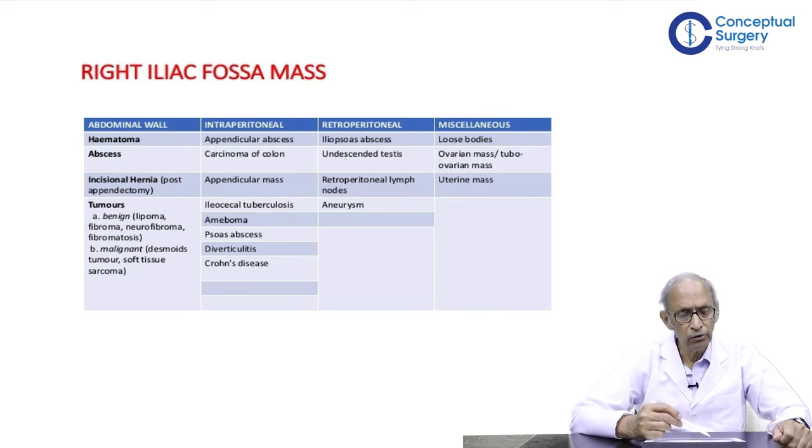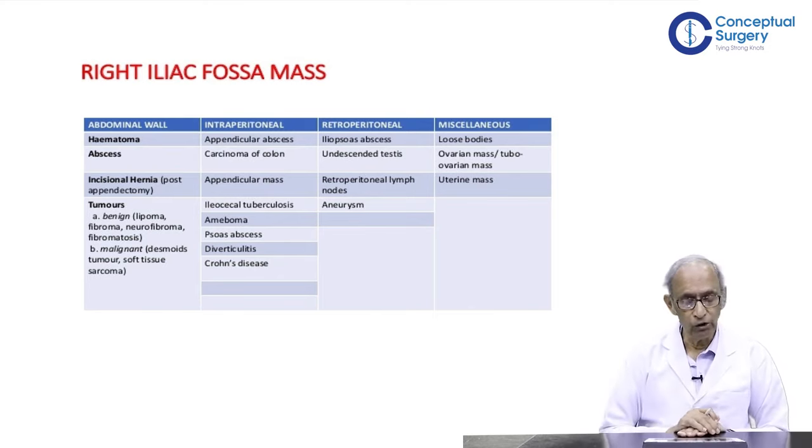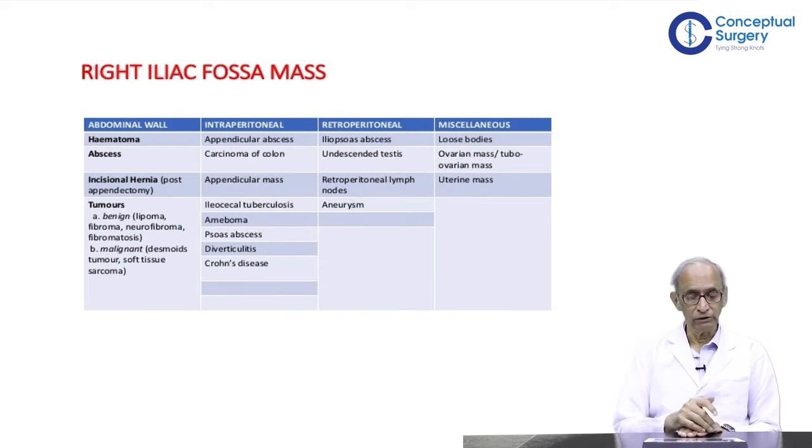Hernia, we're not looking at hernia as a part of the lumps presenting there. It's a separate subject, but nevertheless an incisional hernia, for example, post-appendectomy, and some benign tumors like lipoma, fibroma, neurofibroma, or a fibromatosis, and sometimes malignant tumors like desmoid tumors and soft tissue sarcomas. All these can be present in the wall.